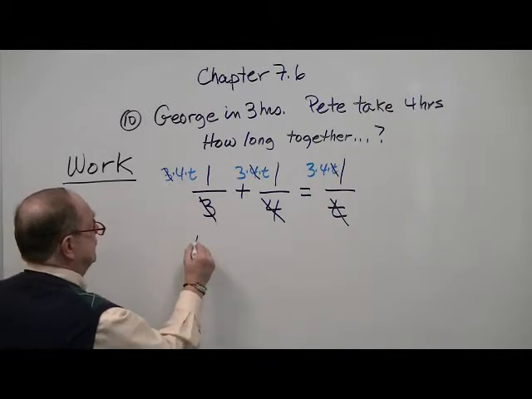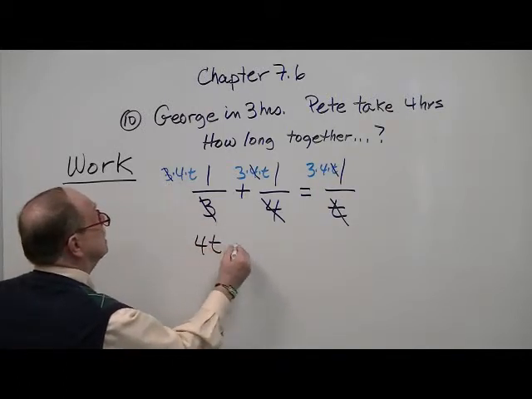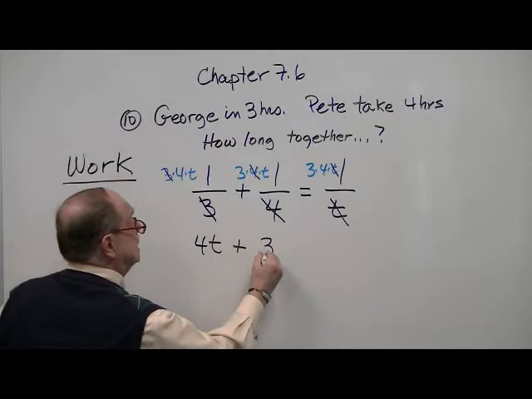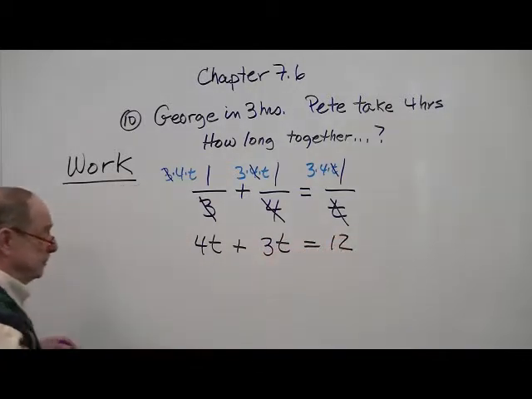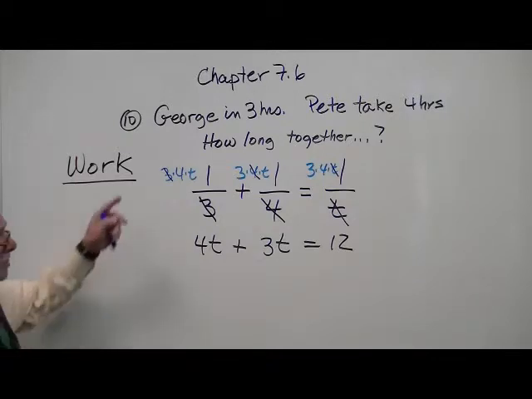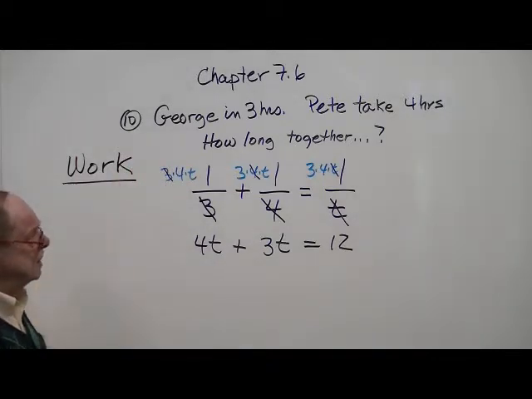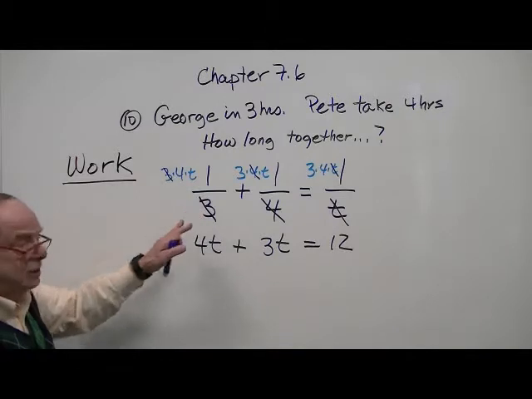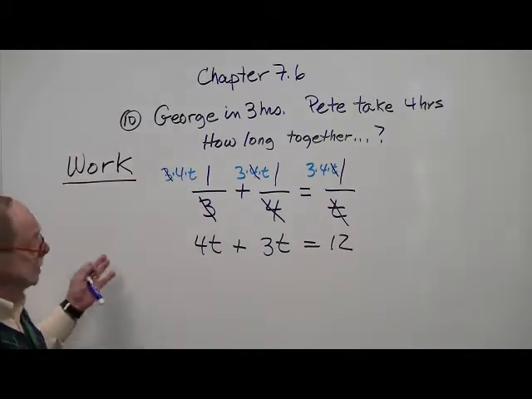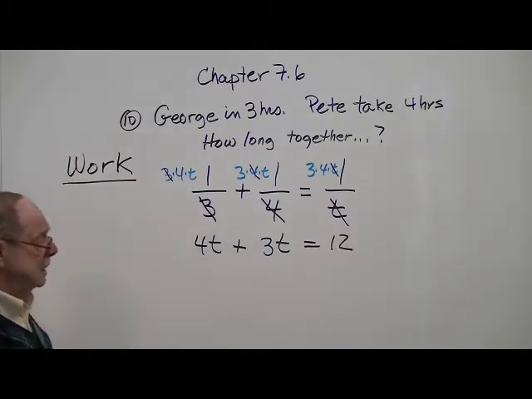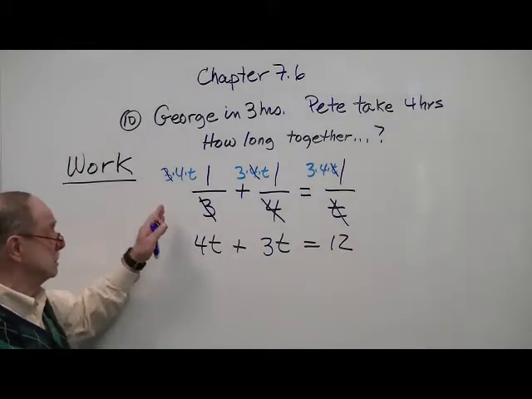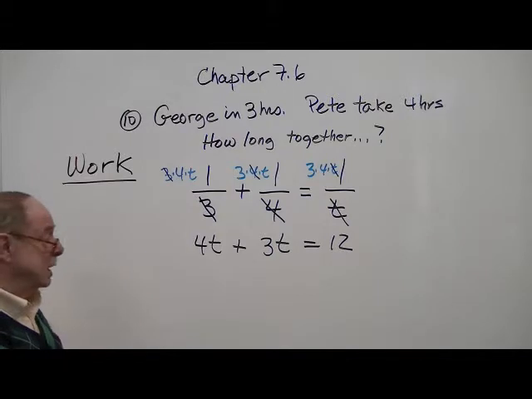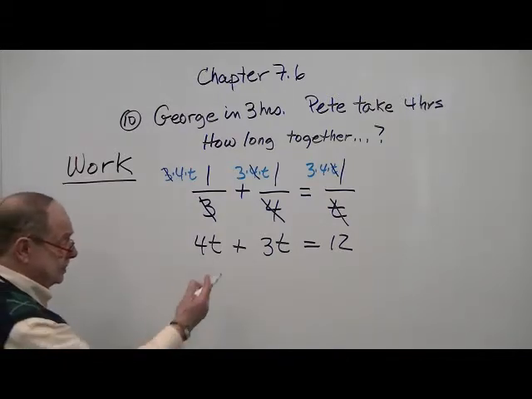So I now have 4t plus 3t equals 12. So something that started out as something difficult, when you know the recipe for putting it into an equation and then getting rid of your fractions, which we've worked on quite a bit, you end up with something like this.